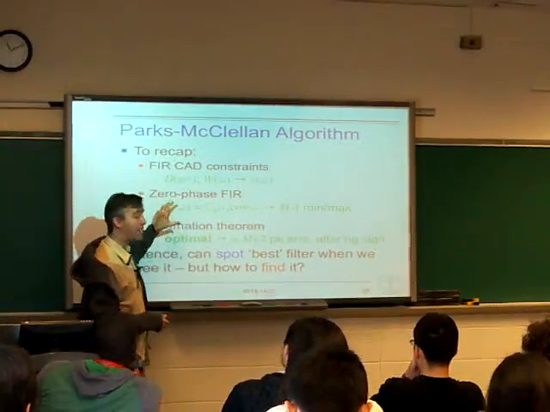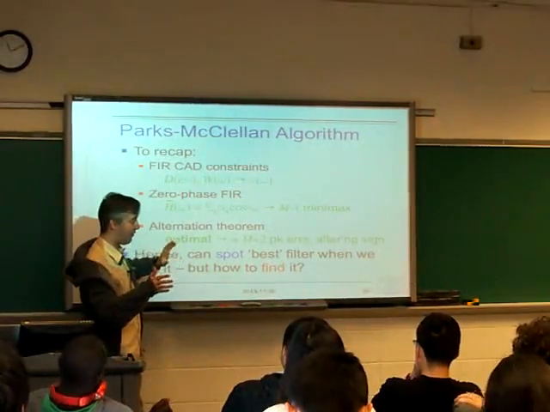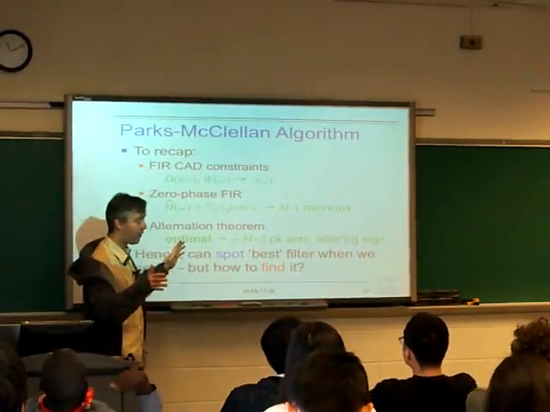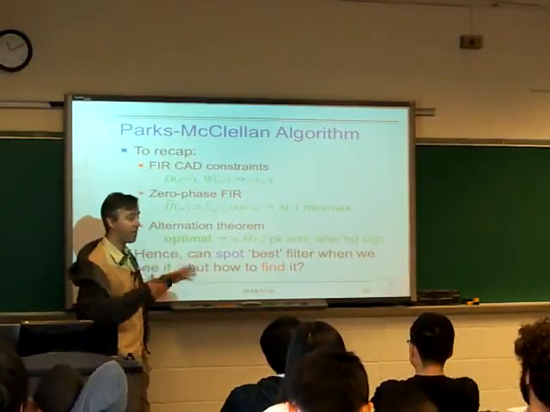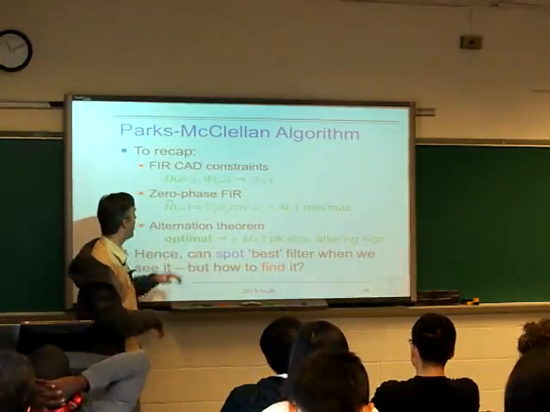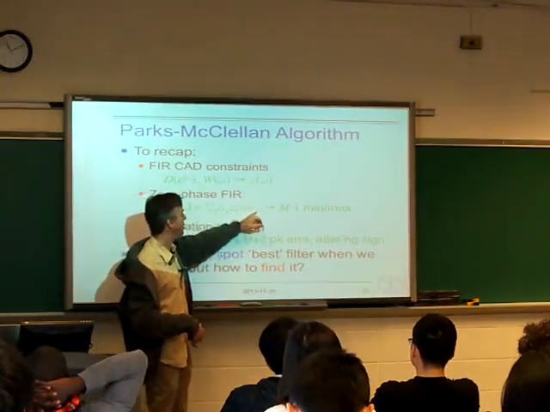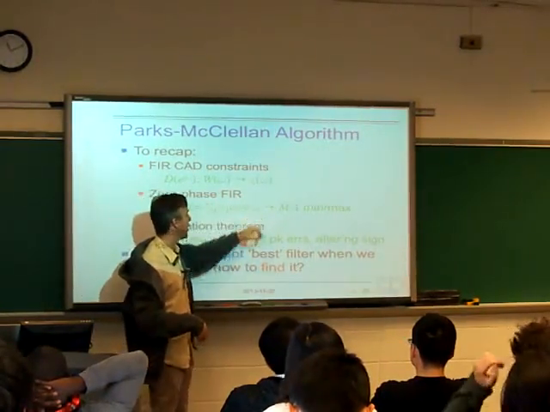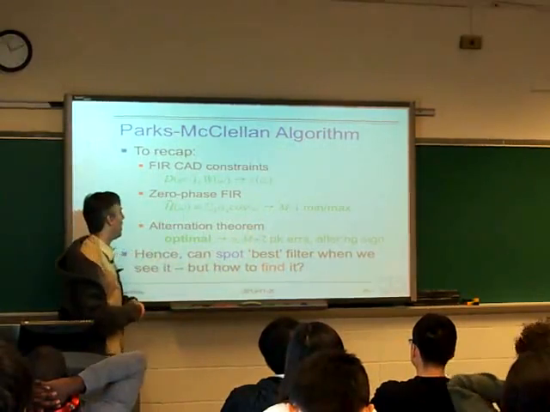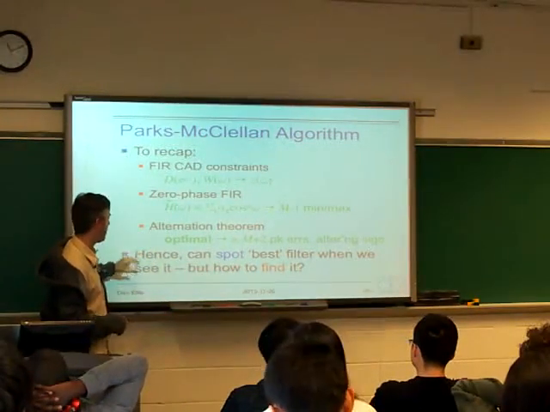We're working in the space of zero-phase FIR filters, which means that for a 2mth order filter, we just have m independent values. The m independent values is a symmetric filter, which is going to have a frequency response that is an mth order polynomial in cosine omega. And then we've got the alternation theorem, which tells us what to expect in terms of the errors.